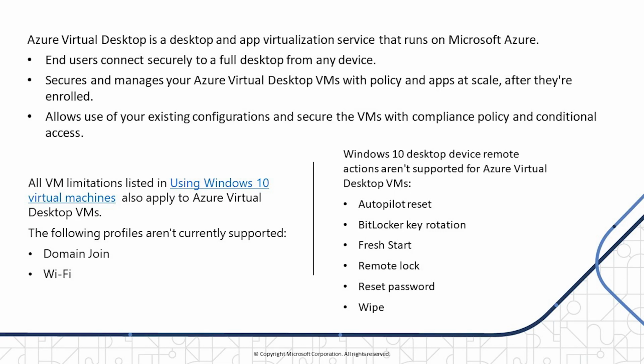So Microsoft Intune supports Azure Virtual Desktop and virtual machines. Which virtual machines? Whether it is your Windows 10 Enterprise, hybrid Azure AD joined machines, or personal remote desktops in Azure, you can enroll them in Intune as well.